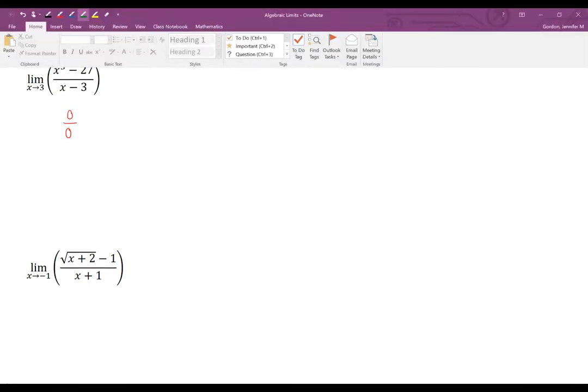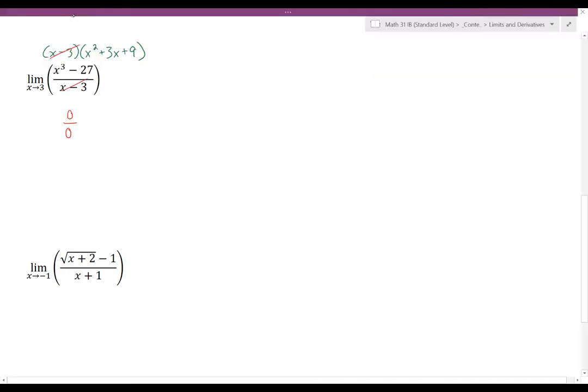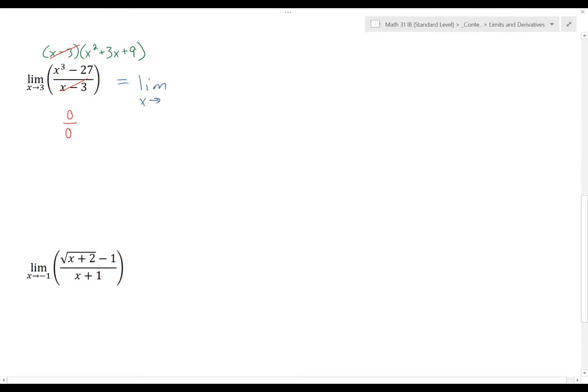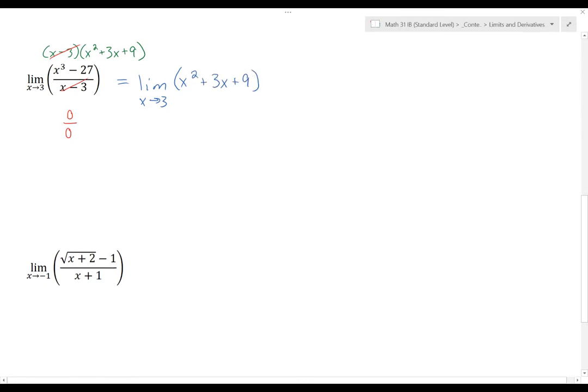Which means that because the x minus 3's will cancel, this is equivalent to the limit as x approaches 3. I still have an algebraic expression here, so I still have limit notation, of x squared plus 3x plus 9. Which means the original rational expression is equivalent to the parabola y equals x squared plus 3x plus 9, if I were to graph it, but it's going to have a hole in it when x equals 3.